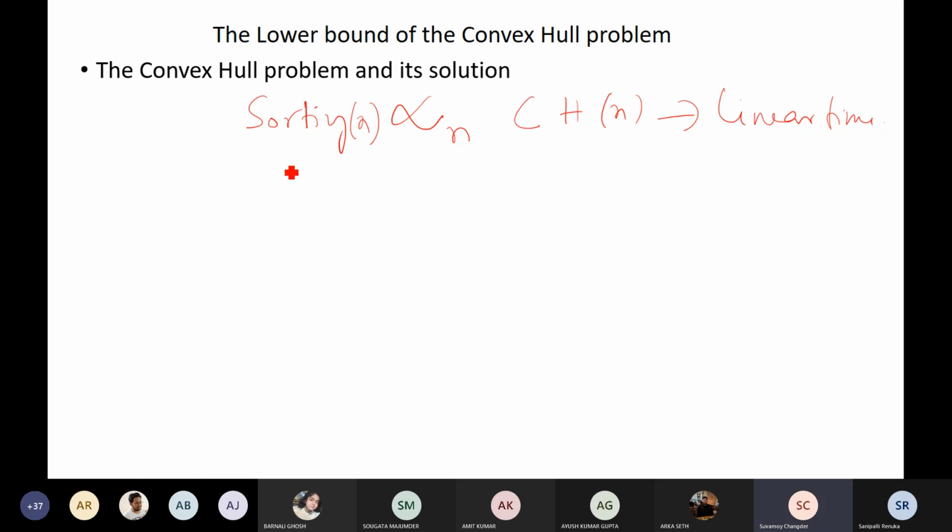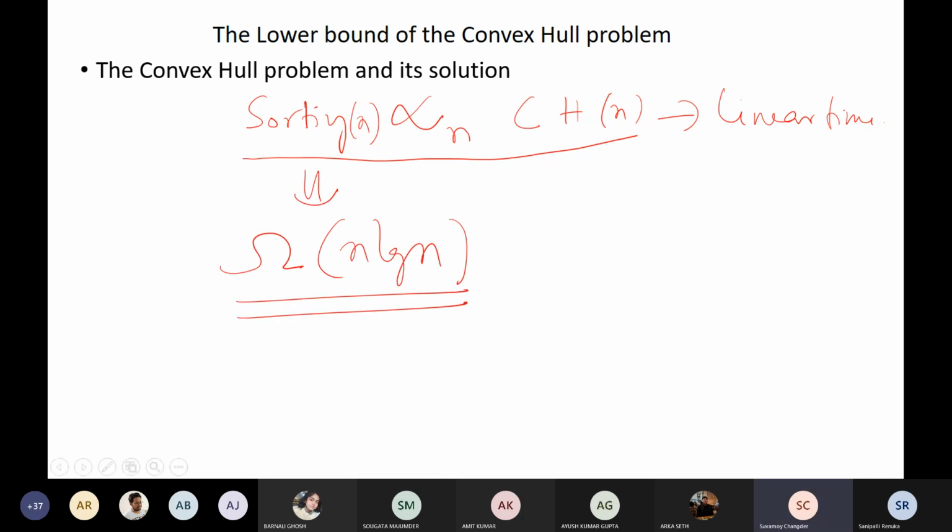So we can say that sorting is linearly reducible to the convex hull problem, and since the lower bound of sorting you have already proved is omega of n log n, we can say that the lower bound of the convex hull problem is also omega of n log n. So by linear time reduction, we can also prove or find the lower bound for some algorithms. This is another approach, right?